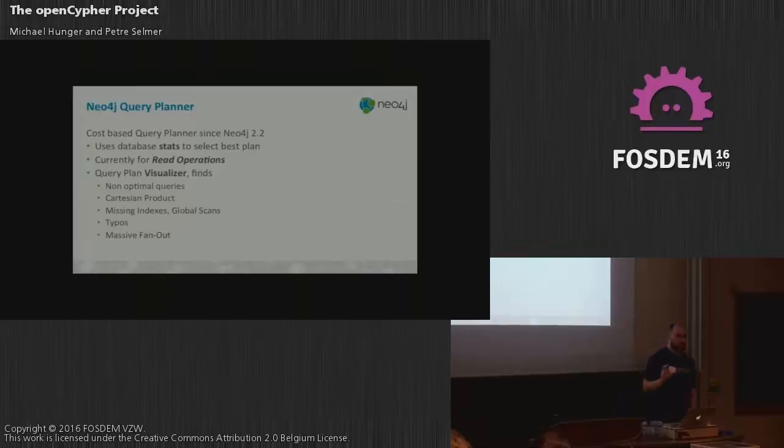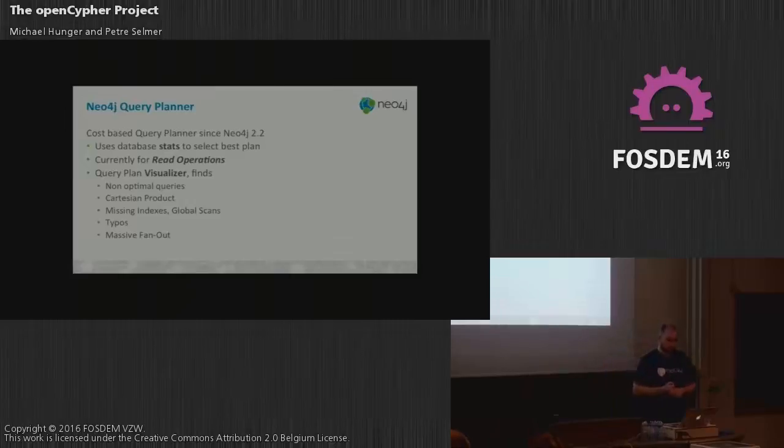It's tricky to tune this cost-based stuff because oftentimes small changes have a big impact, and perhaps at some point we don't have to do it anymore if I trust Frank. No. Yeah, so currently in 2.2 it's used for read operations, and in 3.0 it will also be used for write operations.